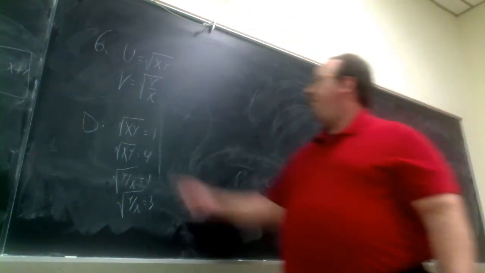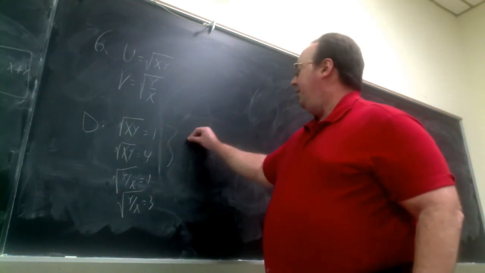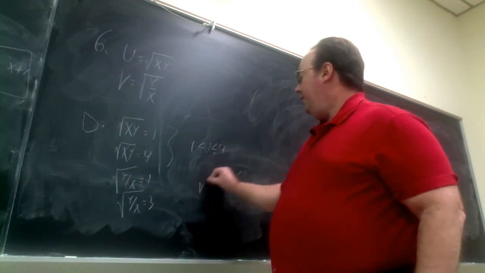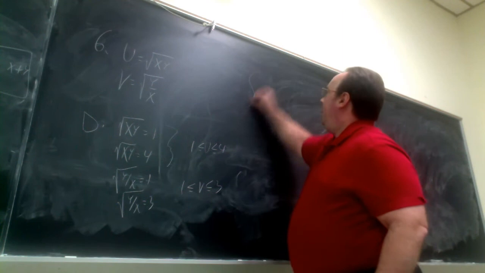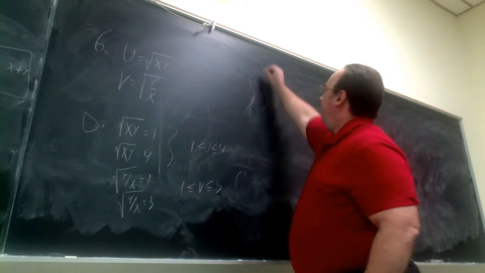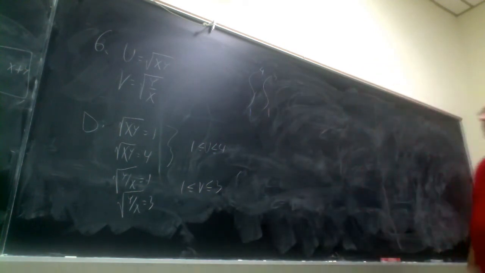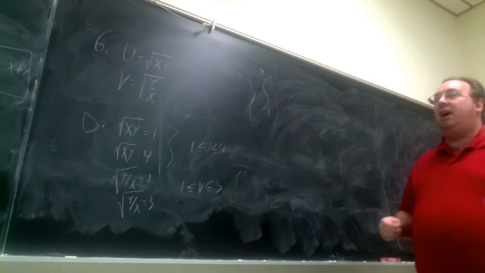And since you're already given that these are equal to u and v, those tell you the limits. So u is between 1 and 4, and v is between 1 and 3. So you're going to have those as your limits. But then you have to take e to the xy.